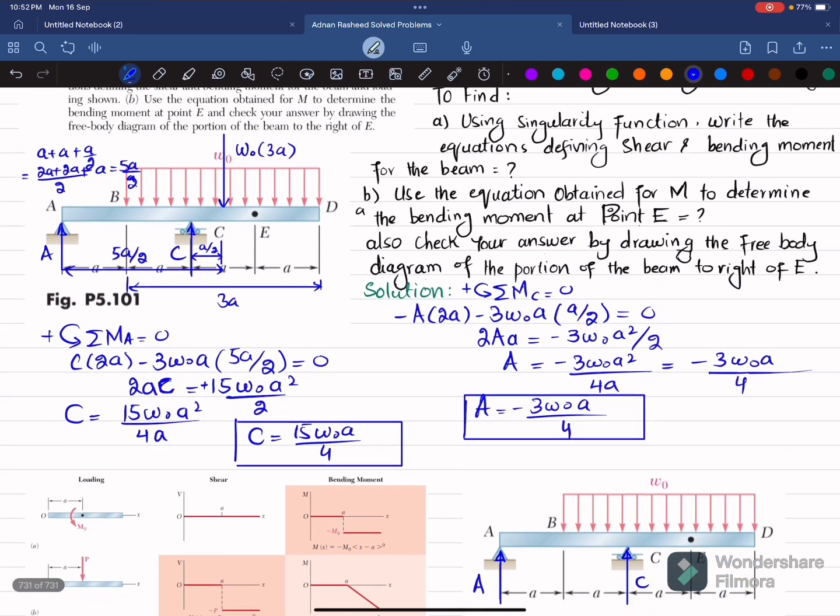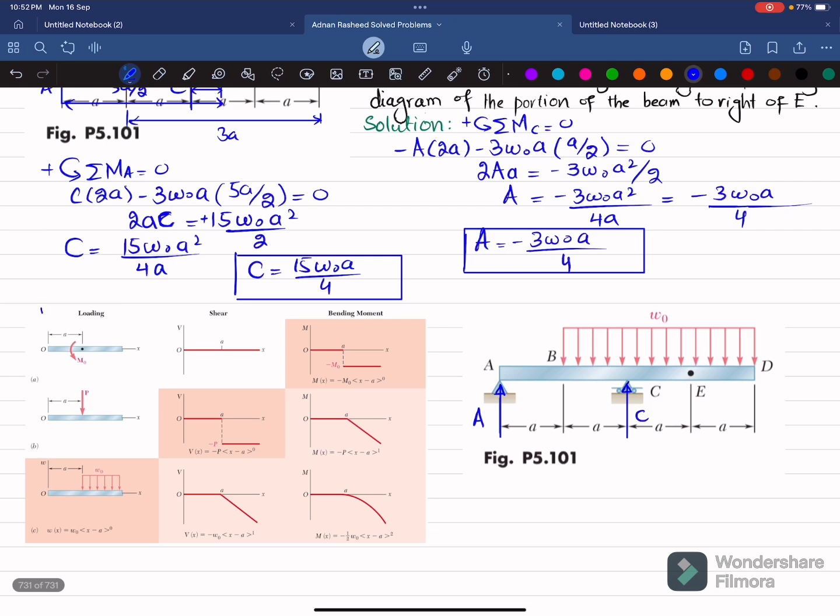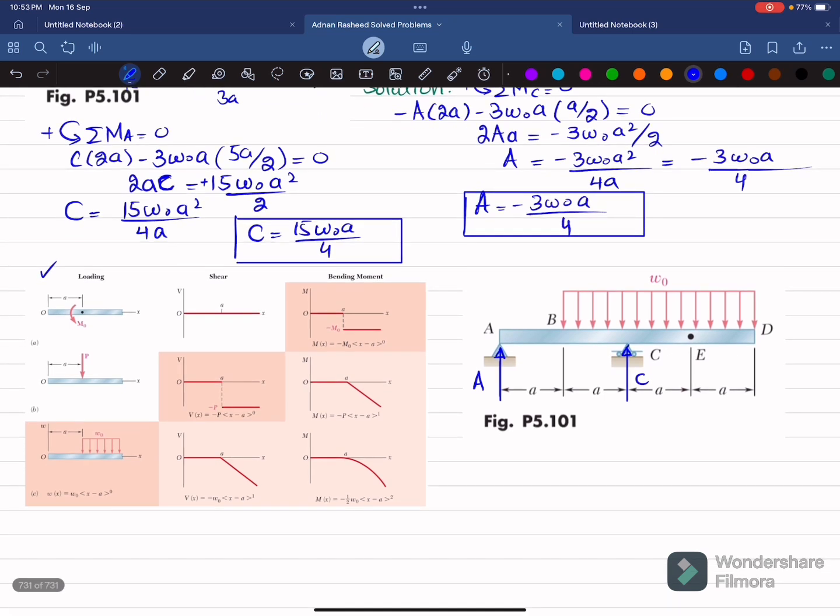Now we will use this table in order to find the shear force and bending moment using singularity function. So here we have calculated A is minus 3 W naught A divided by 4 and C is equal to 15 W naught A over 4.